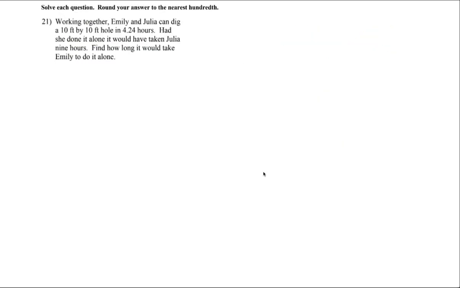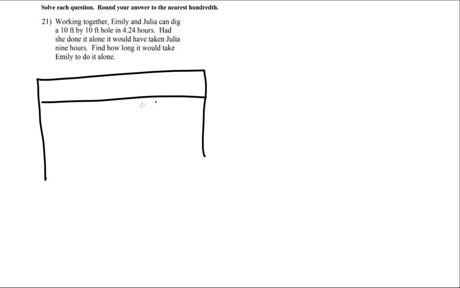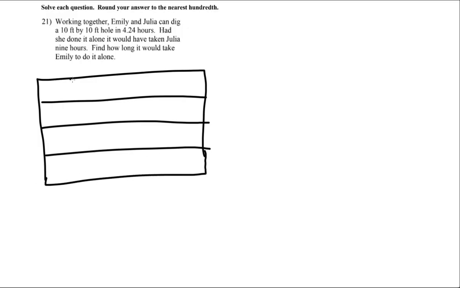All right, looking at problem number 21, this is a work problem. So I'm going to draw a matrix to make my life easier here. And I'm going to have some people who are doing work at a certain rate.